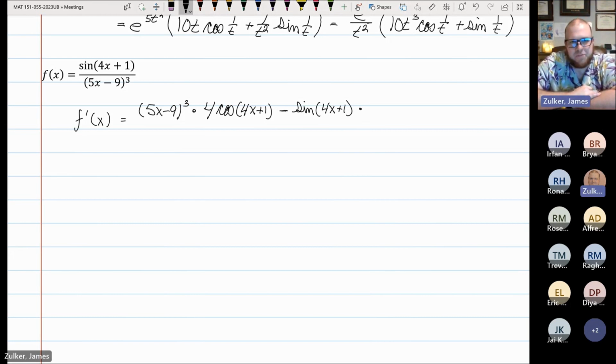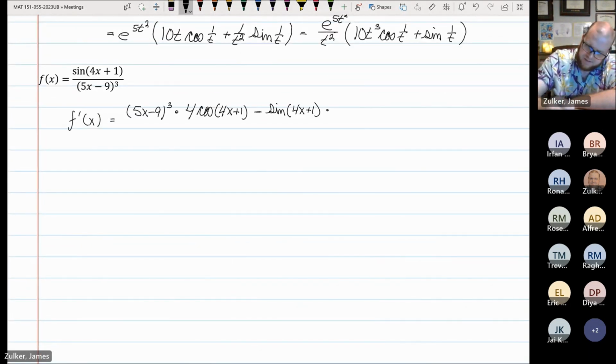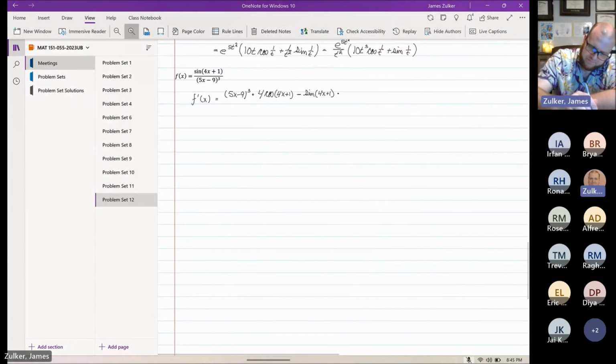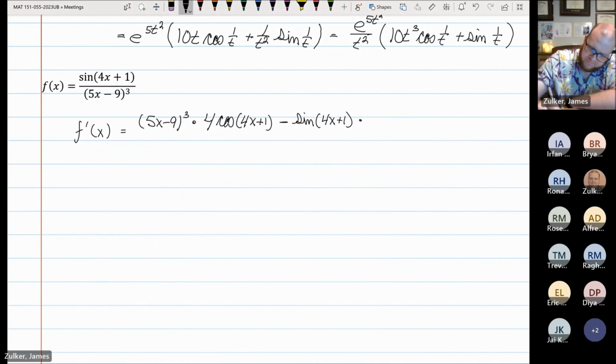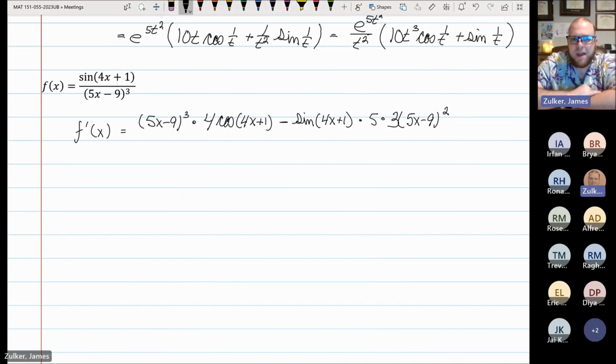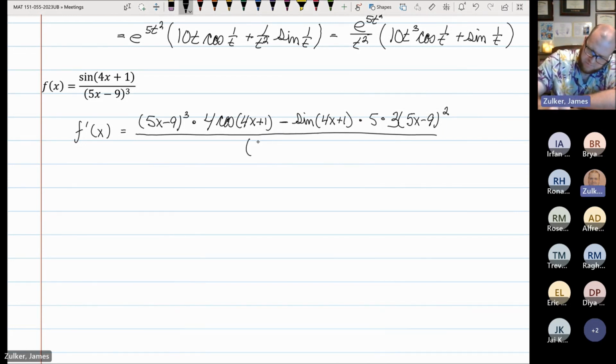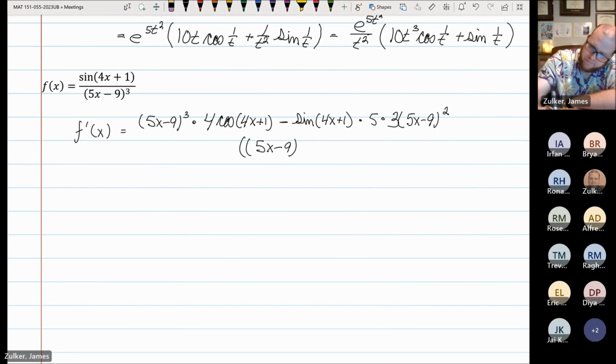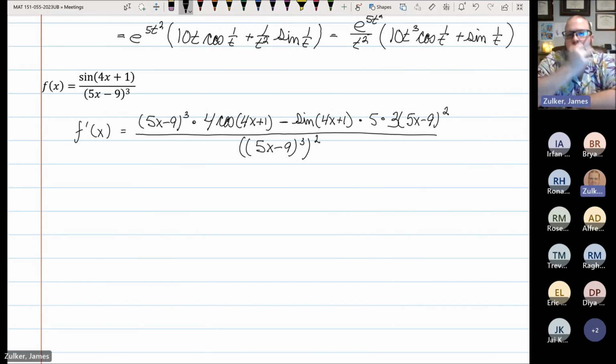times derivative of the denominator, which is a general power function, u prime times the power times the function to the power minus 1 and all over the denominator squared.